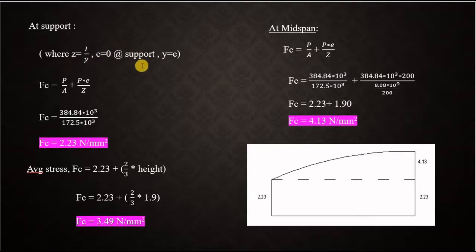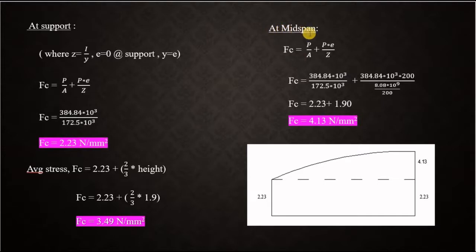Take the formula Fc is equal to P by A plus PE by Z. As the bars are in the compression zone, it is positive. Eccentricity at the support will be 0, so this whole term will be 0 and only P by A will remain. Substituting the values, Fc is 2.23 Newton per mm square.